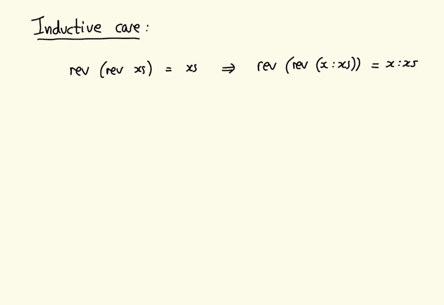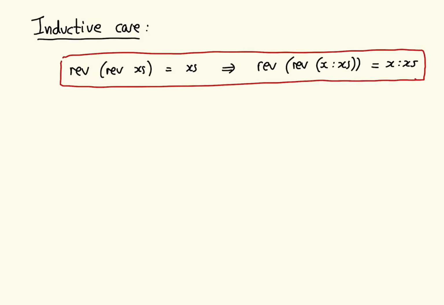Okay, so this is the property I need to prove. That's my inductive case. And I just follow the normal kind of advice or rules of the game at this point. I start with the most complicated thing, which is this. I'm going to try and show that it's equal to this. And along the way, I'm allowed to use my induction hypothesis. Okay, so let's see what happens this time around.